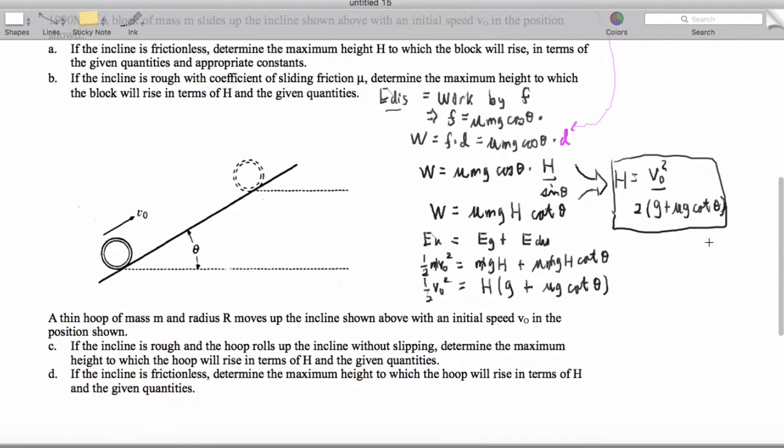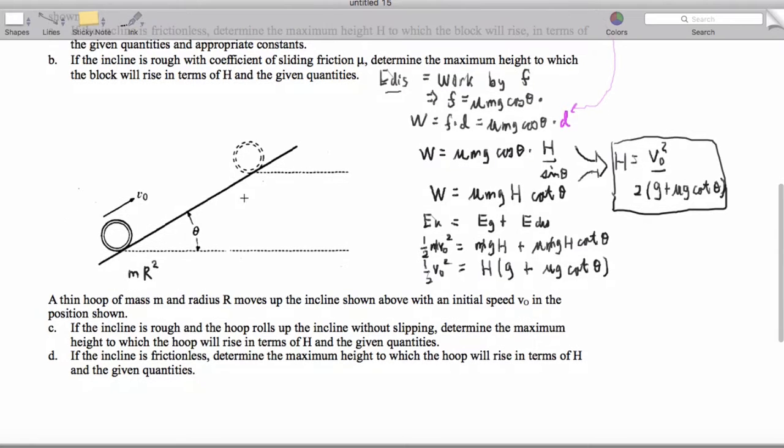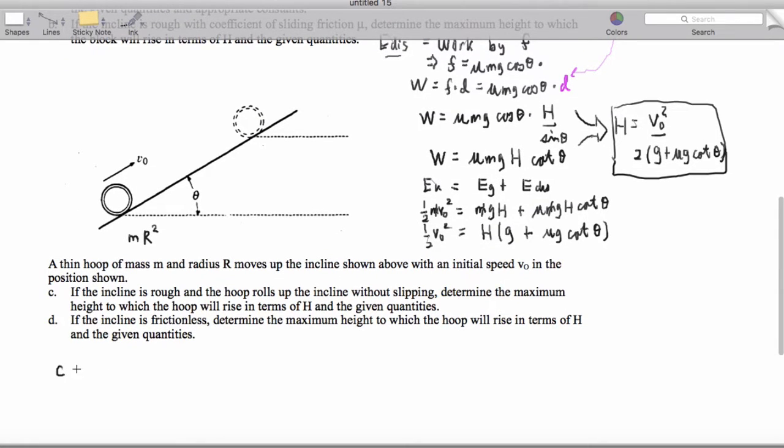All right. Now, if the incline is rough, one thing we should say, I should give you the moment of inertia for a hoop. And for a hoop, the moment of inertia is plain old mr squared. So for part C, what we're going to say is, as we roll up the hoop, we're going to have it rolling while it slides, rolling without slipping.